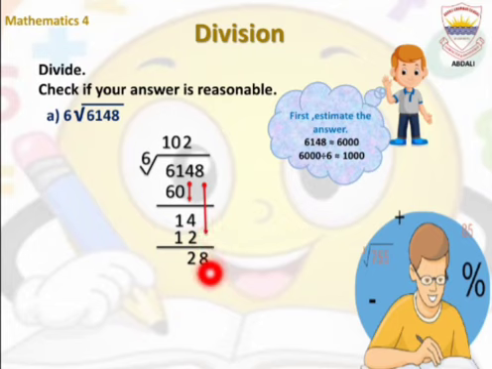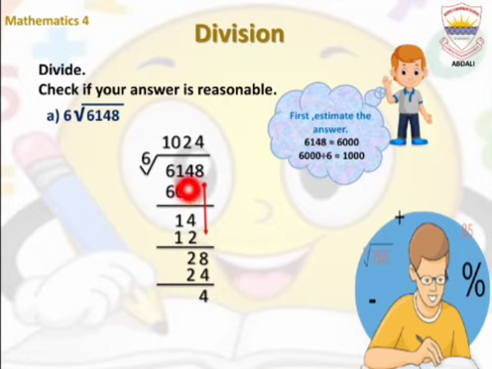It's 28. Now student, when we multiply 6 by 4, we get 24. And when we subtract 24 from 28, we get our remainder 4.